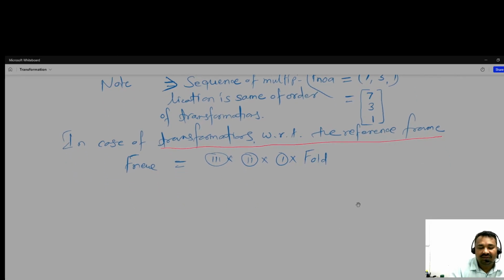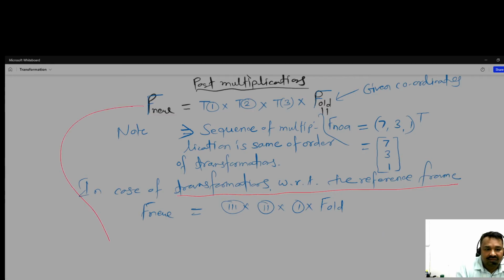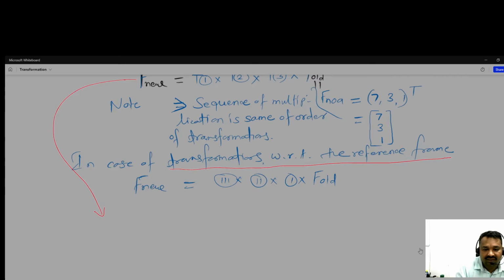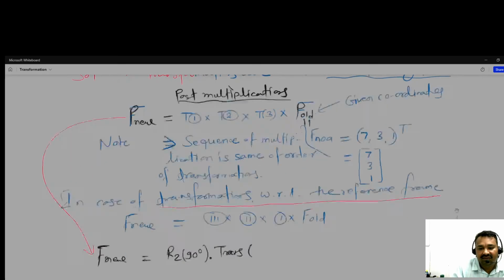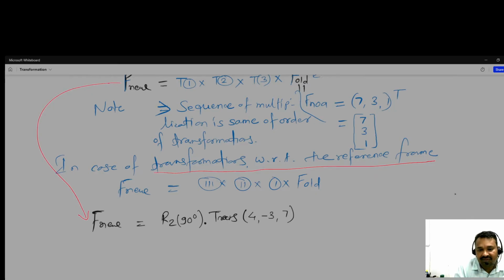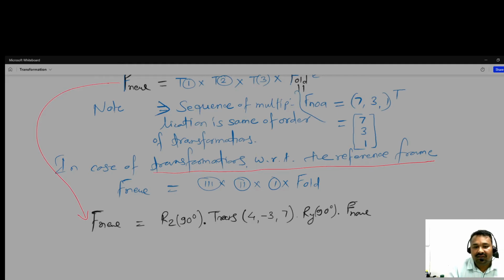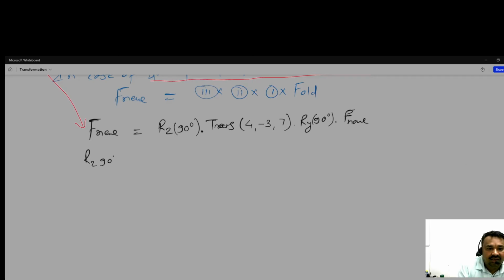Now let us solve this. Once again we are writing here: F new equals Rz 90 degrees multiplied by Trans with coordinates 4, minus 3, 7, and then again rotation about y, 90 degrees again, then multiplied by the given coordinates F NOA. It is better to write separately what Rz 90 degrees is.